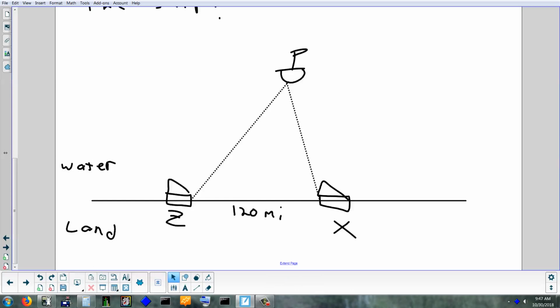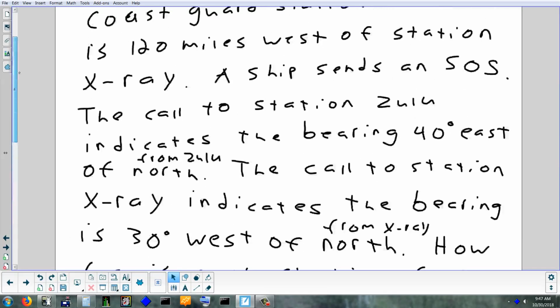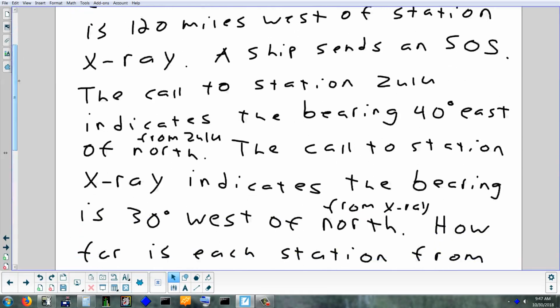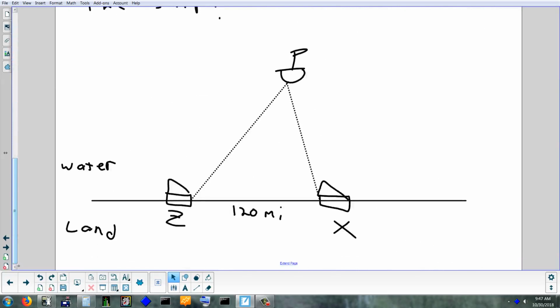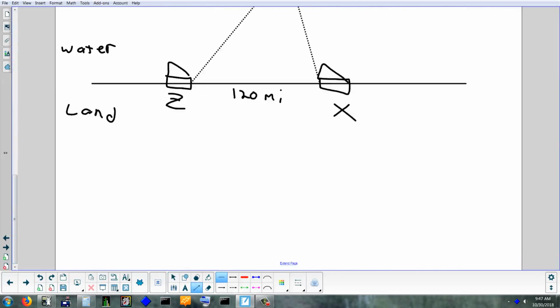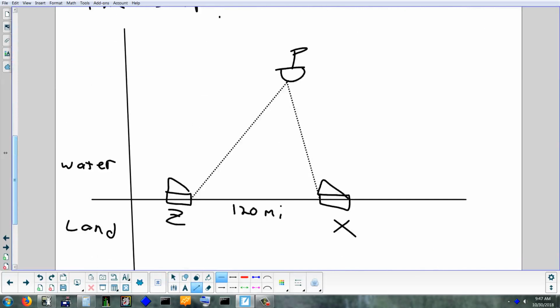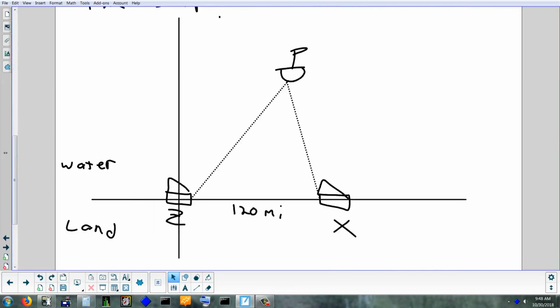Now, each station tells you a bearing from their perspective. So Zulu says that the bearing is 40 degrees east of north. All right, so what I'm going to do is put in a line like this. It'd be nice if it was straight. And that line is going to represent north.